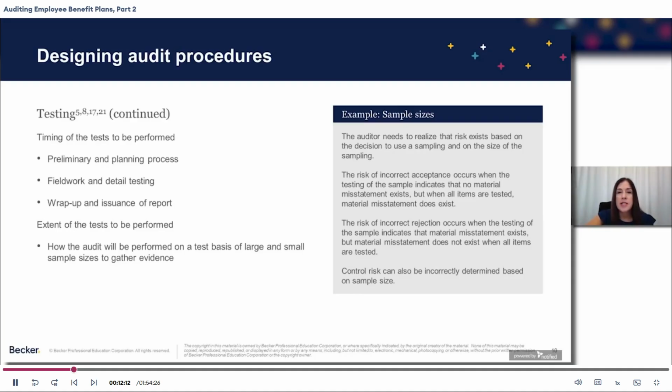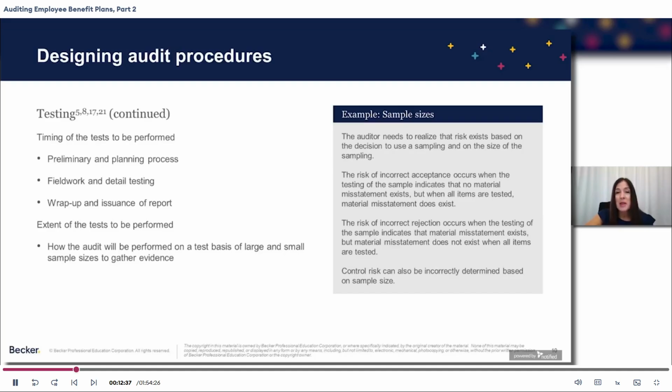Let's say you're testing the contributions and the definition of compensation. So out of your sample size, whatever it may be, let's say you find 2 that appear to be incorrect. And it appears that maybe they've used the incorrect definition of compensation. Now, this is for 2 people in your sample.